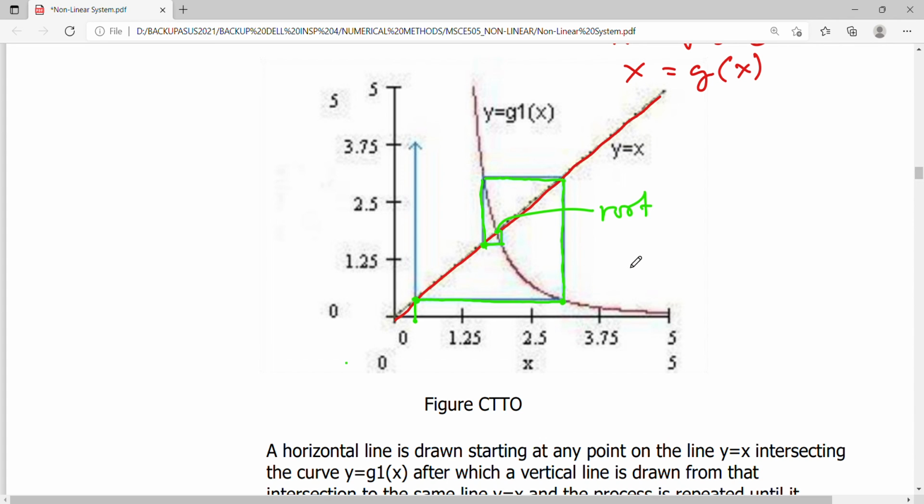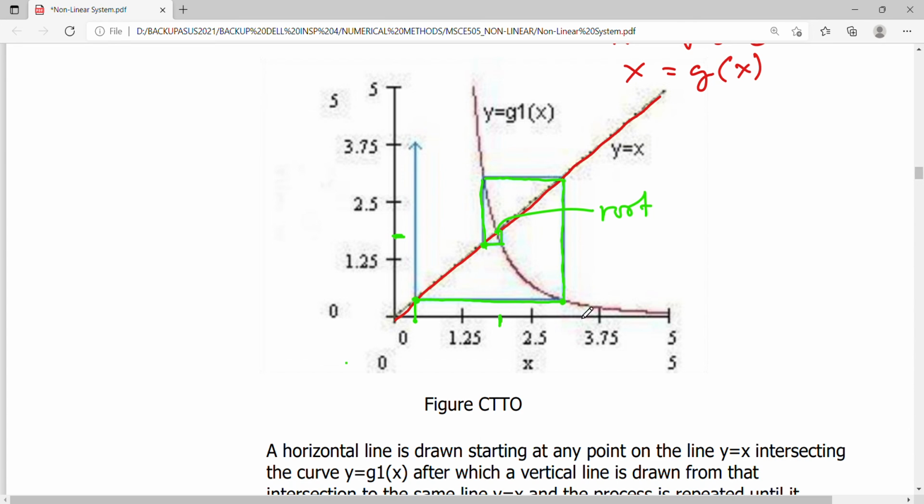Okay. So, this is now the root of the two equations, x and g of x. Whatever is the value of x here will also be the value of y there. Because this is just equivalent. And this is your root of the equation.